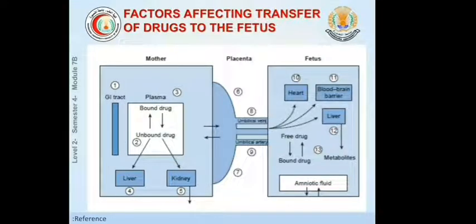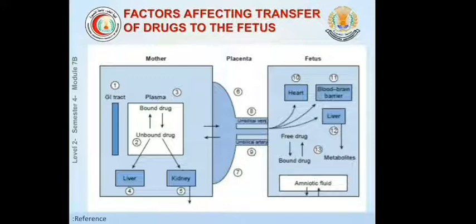pH differences between the fetus and the mother, which is number 9, and the bypass of about half of the fetal blood circulation that bypasses the liver of the fetus and reaches directly the heart and brain of the fetus, which is number 10.